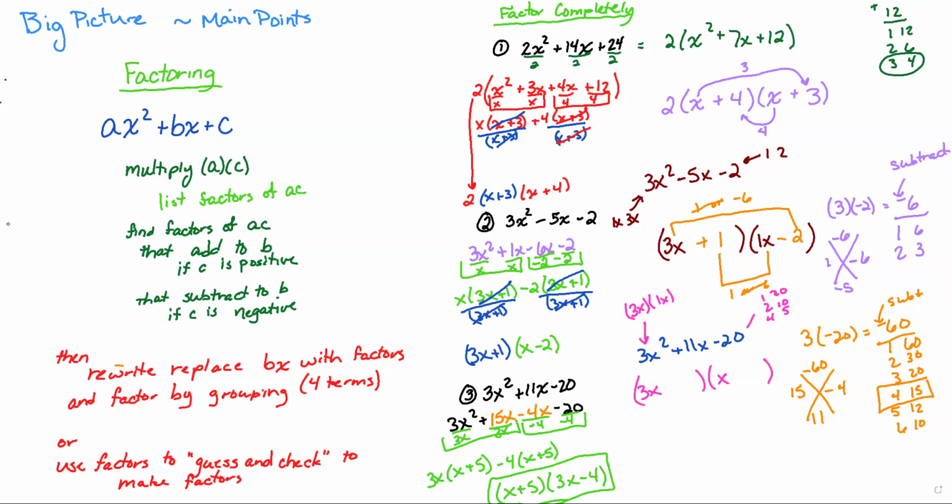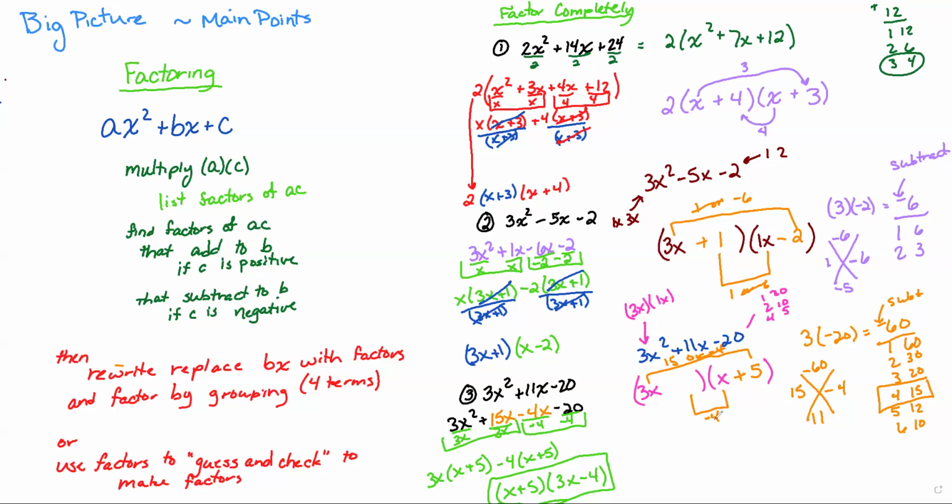And then remember, I need to get 3 times something equals either 15 or negative 4. So 3 does go into 15, so it's not going to be the negative 4, which means this one has to be my negative 4. So 3 times 5 gets me to 15, and it has to be a positive 5.